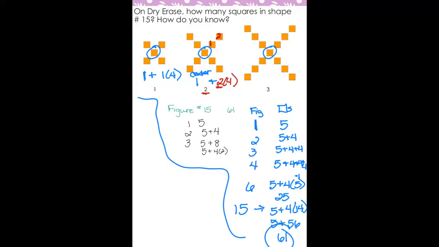So this one would be 1 plus, here you have 3 times each of your 4 corners. So 3 times 4, which is 13. So if I do figure 15, it is 1 plus 15 times 4. 15 times 4 is 60 plus 1.